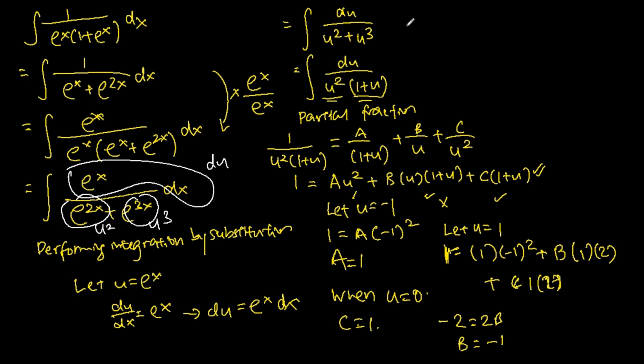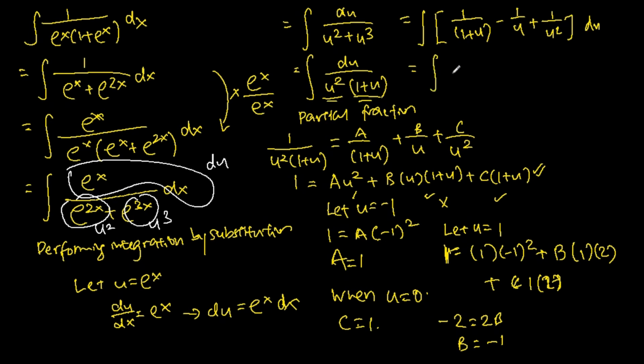Just to rewrite this, this is equivalent to the integral of 1 over 1 plus u, subtracting away 1 over u plus 1 over u squared du. We can split this up into 3 integrals, in which each integral will contain 1 fraction.